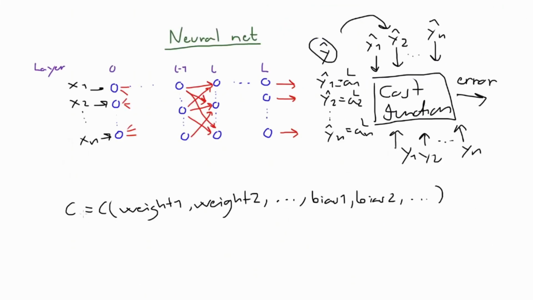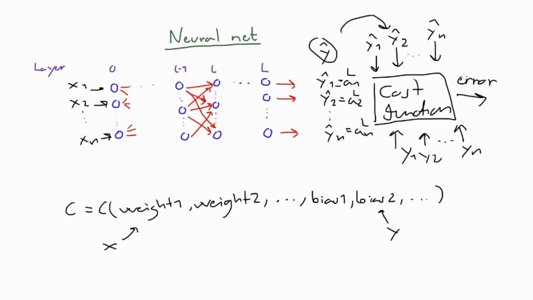Now you might be wondering, why is C also not a function of our input vector x and our expected output vector y? This is because what we're trying to accomplish is, by keeping our x fixed and altering weights and bias values, we're trying to get y hat as close as possible to our expected y. So we're really only in control of our parameters.